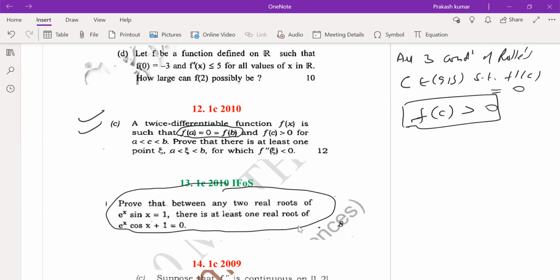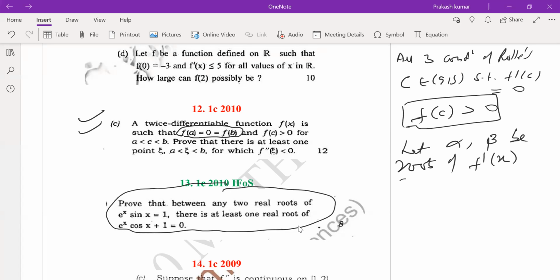Prove that there exists at least one point such that f''(x) is negative. Let alpha, beta be roots of f'(x). Because the function is twice differentiable, f'(x) will be differentiable and continuous, because every differentiable function is continuous.